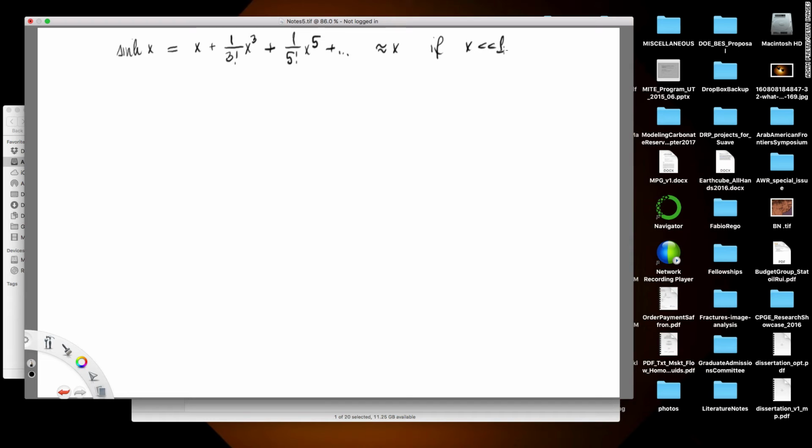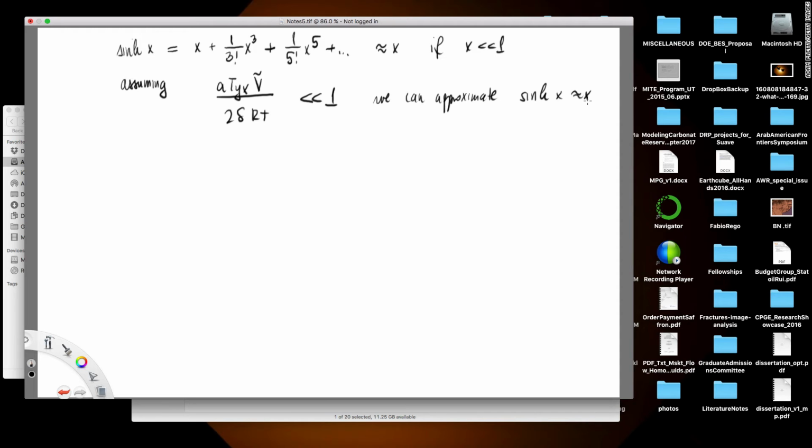I can basically ignore all of the higher order terms. So assuming a tau yx v tilde over 2 delta RT is less than 1, so for relatively small shear stresses, we can approximate sinh x as x.